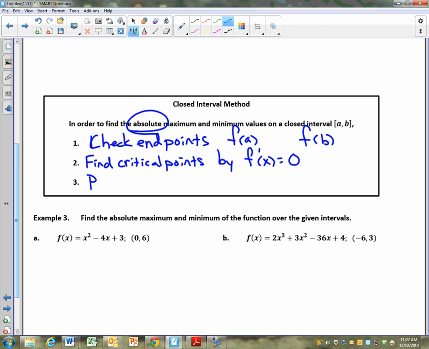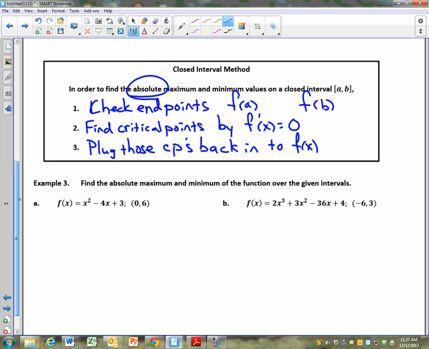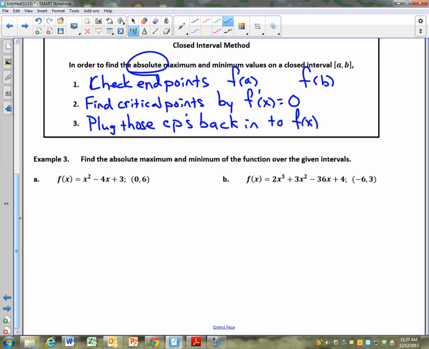And third, plug those critical points back into f of x. This is the way we're going to find exactly what our absolute maximum and minimum are.